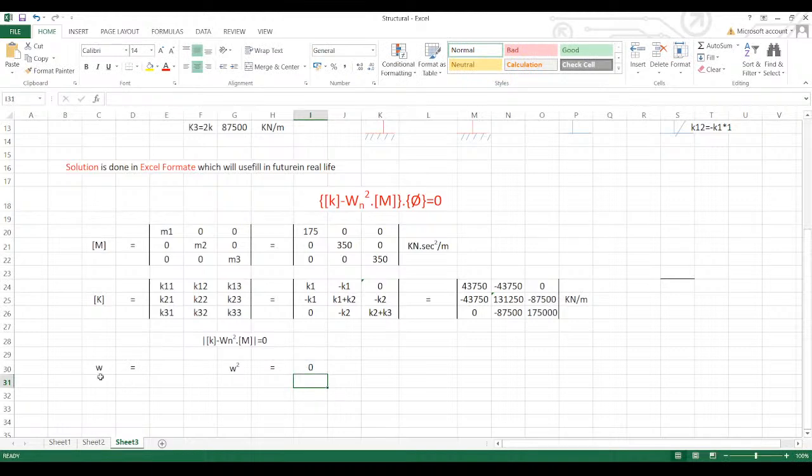Okay, and we have to find the equation value of this to calculate this. Okay, we have to find like this.